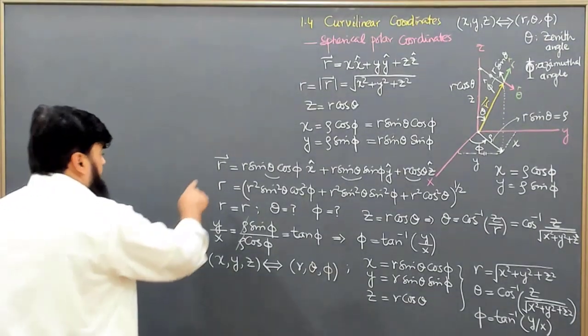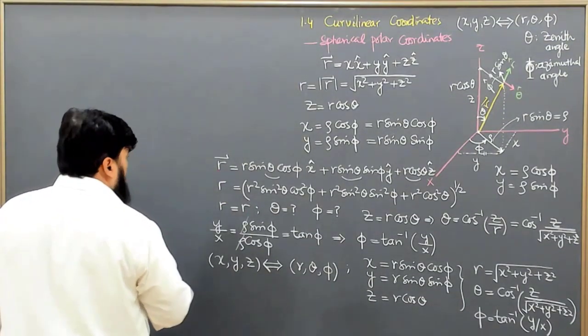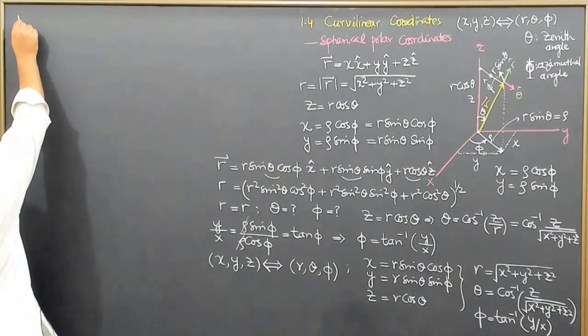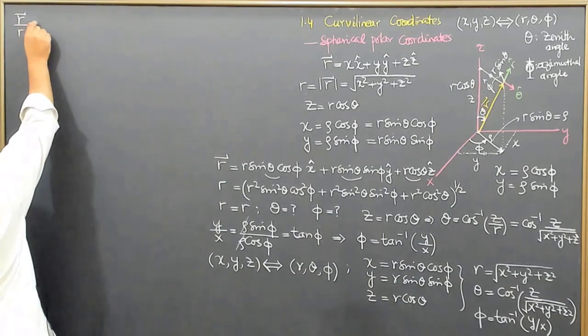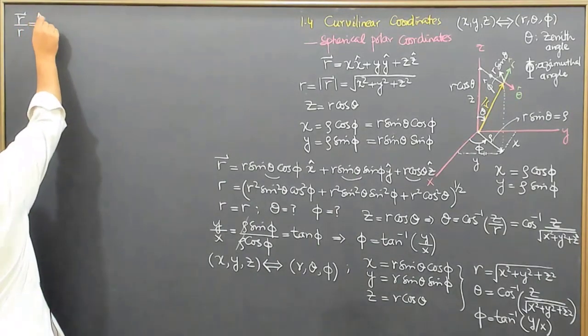As I know here that the r vector is equal to this, so if I divide the r vector by the r magnitude, then it is equal to the r unit vector.